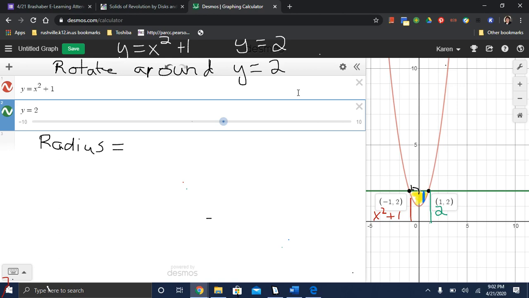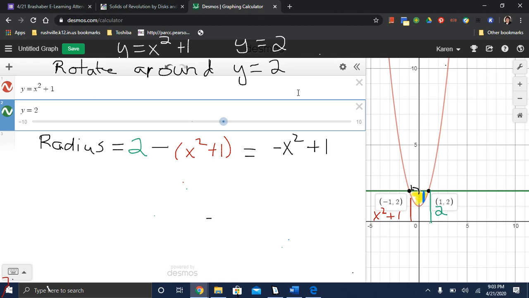So if we're going to define the length of the blue segment, that would be the total distance of 2, and subtract from that the function distance, x squared plus 1. And so our radius is going to be negative x squared plus 1.